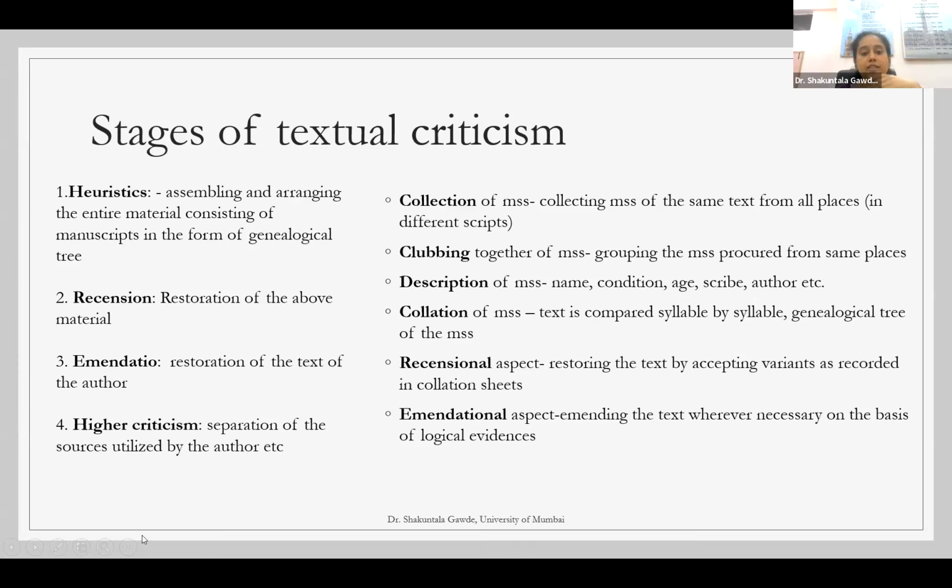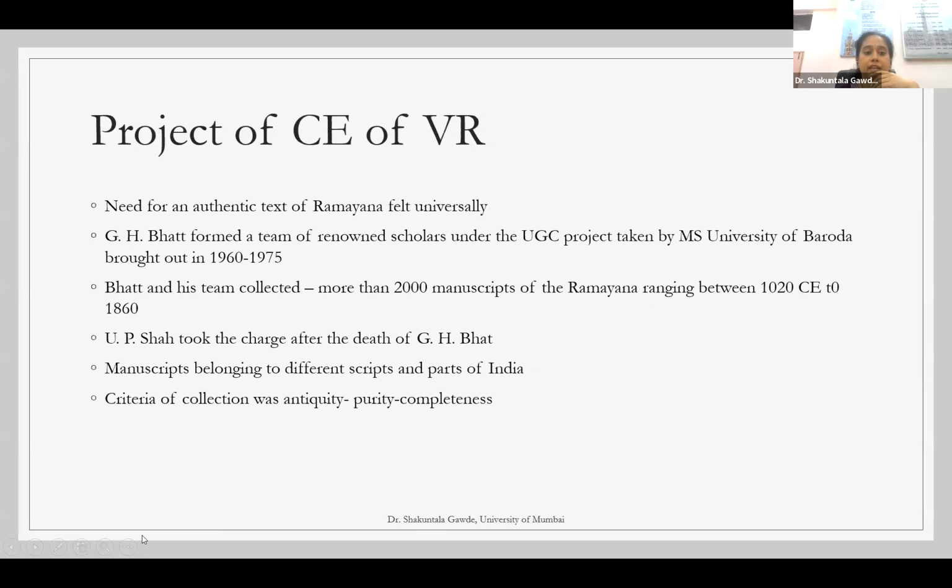So after all these stages, there can be the preparation of a critical edition. For example, I have taken here the example of the critical edition of Valmiki Ramayana.